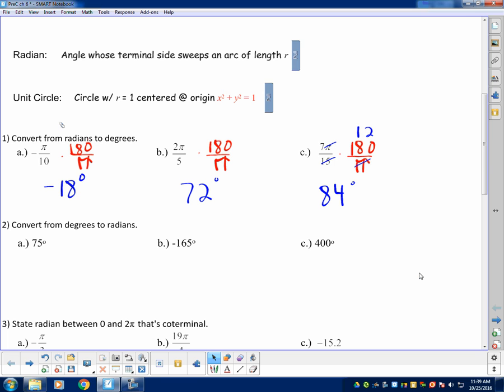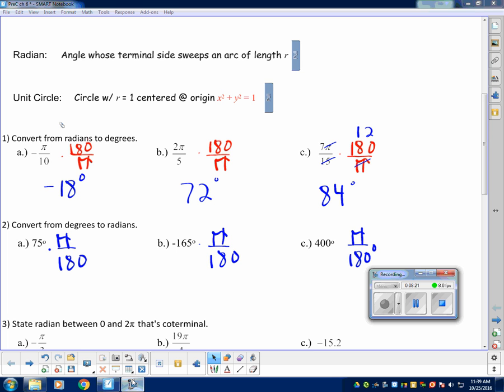All right, converting from degrees to radians, we're going to do the reciprocal of that, so pi over 180. Pi over 180 and pi over 180. And so why don't you go ahead and simplify that and tell me what you get right here.